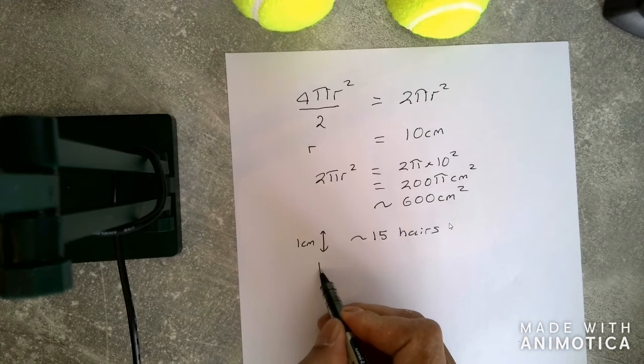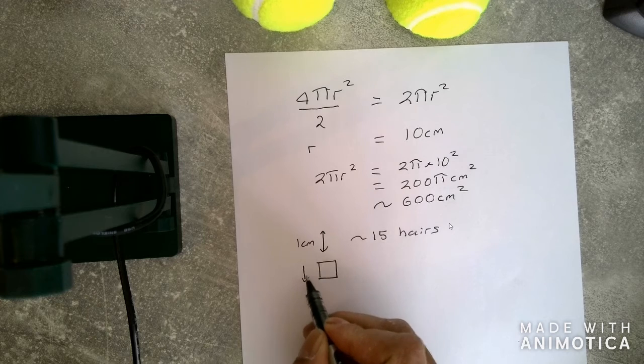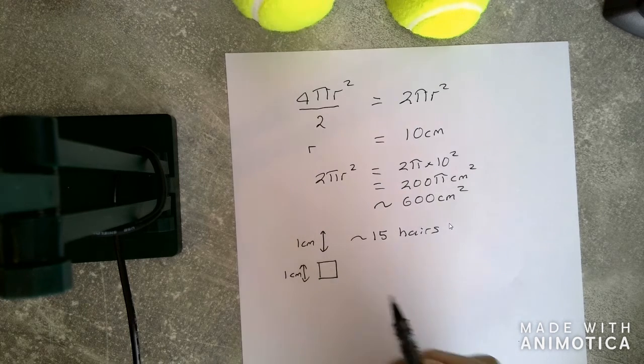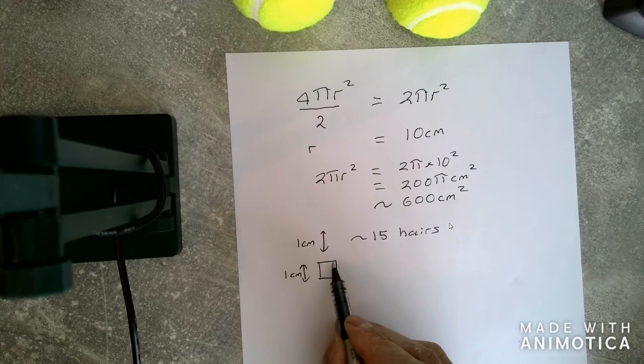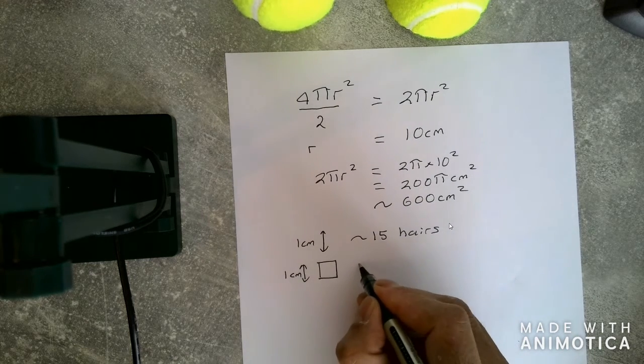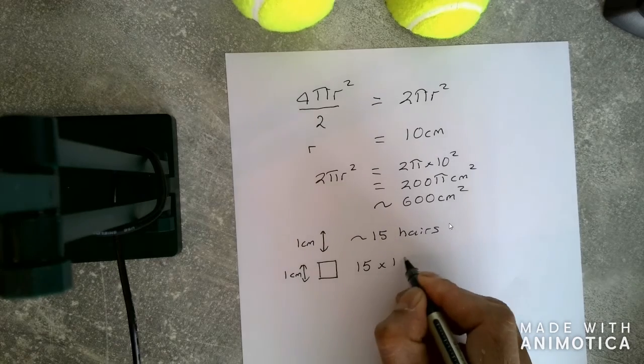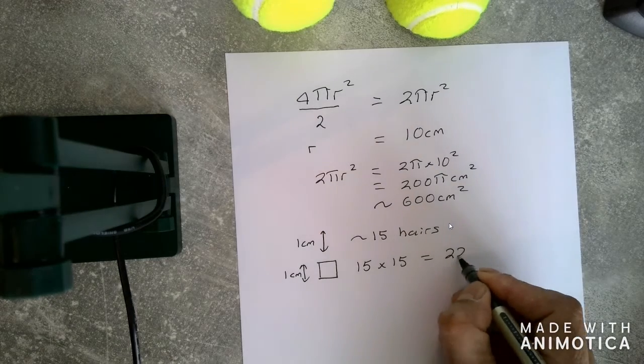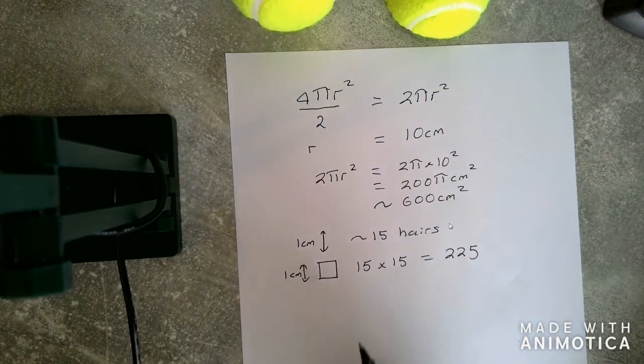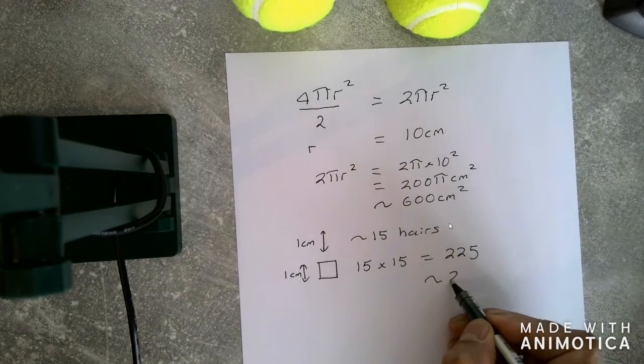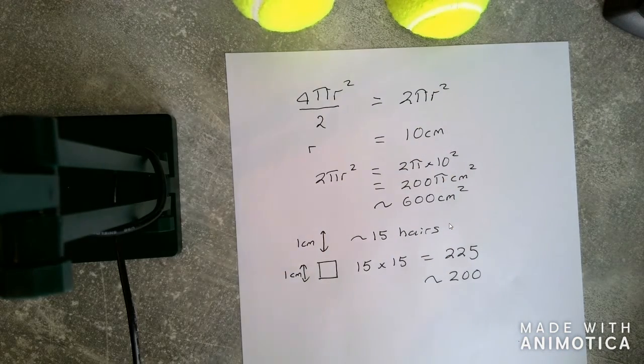If I then drew a square with dimension of 1 centimetre, the number of hairs I would find in that square would be 15 times 15, which is 225, and we're going to approximate that to 200.